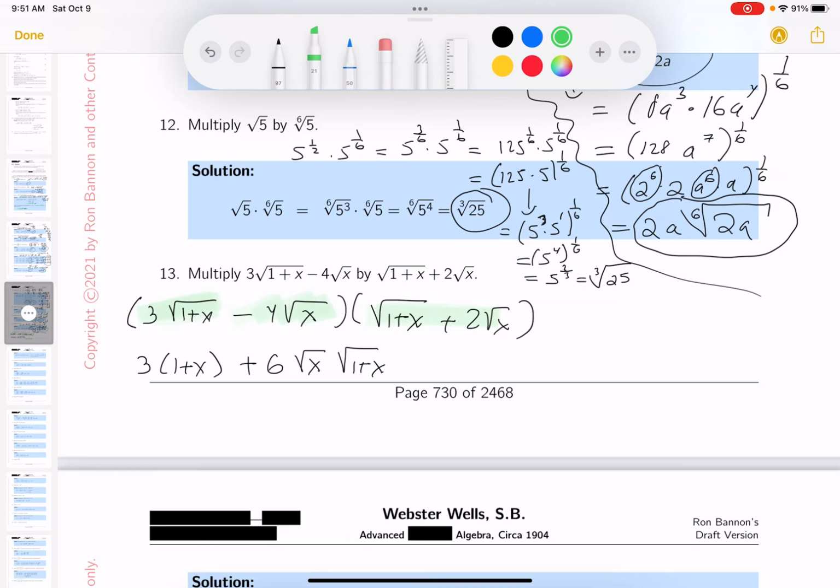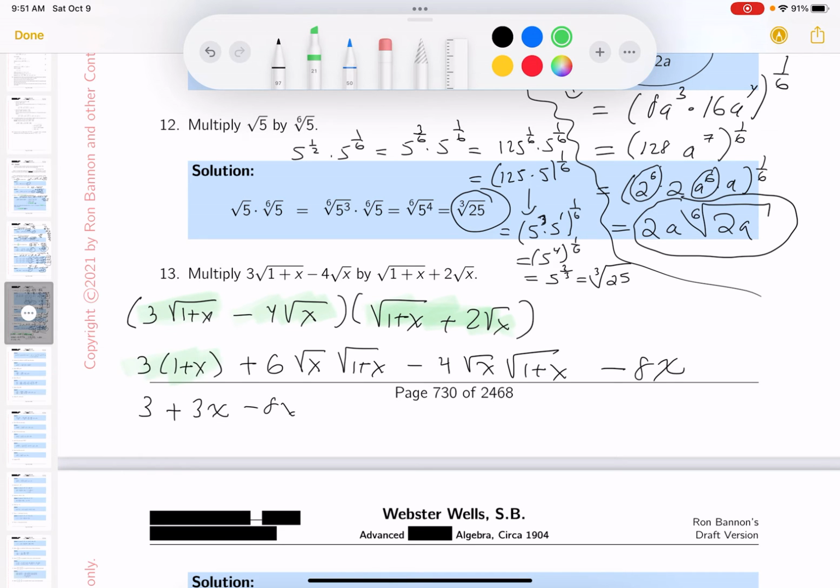Now I'm going to take this and distribute across these two terms, one at a time. What do you get? Minus 4 root x root 1 plus x, and then you get minus 8x. Let's keep going, and I have to be careful. I'm going to just simplify. 3 plus 3x, we'll look at the key later, and I see minus 8x. What did I do? Let me point out what I did.